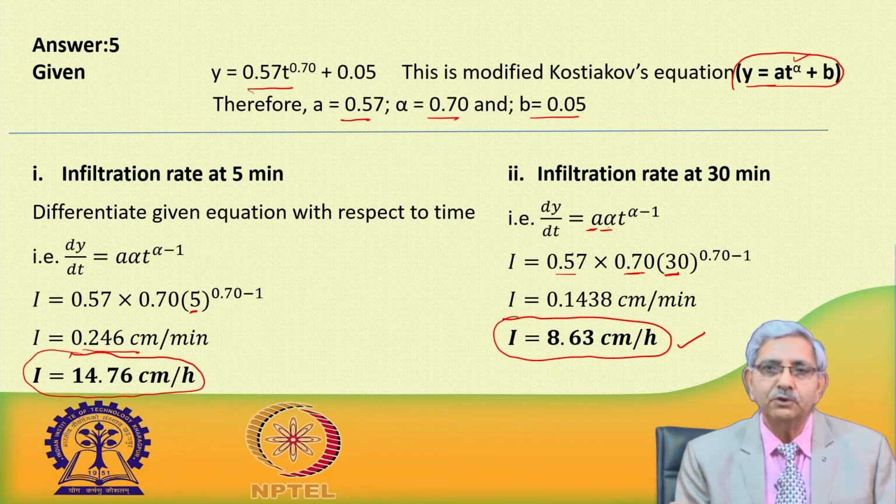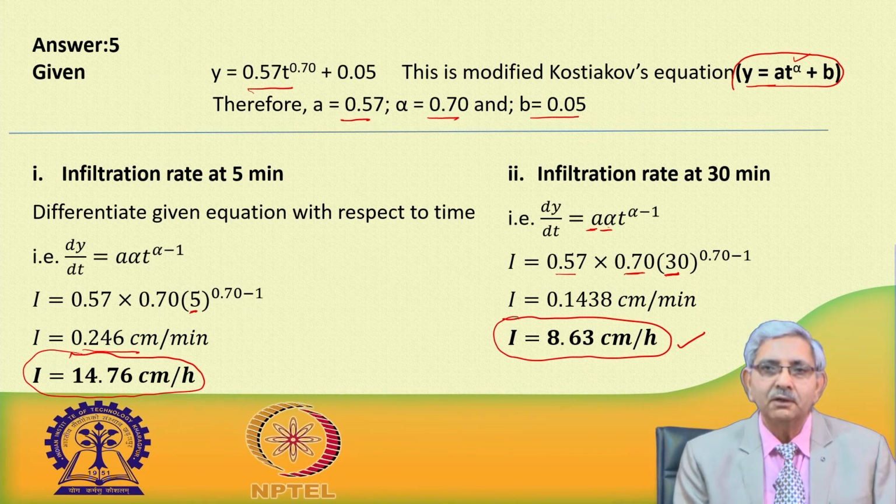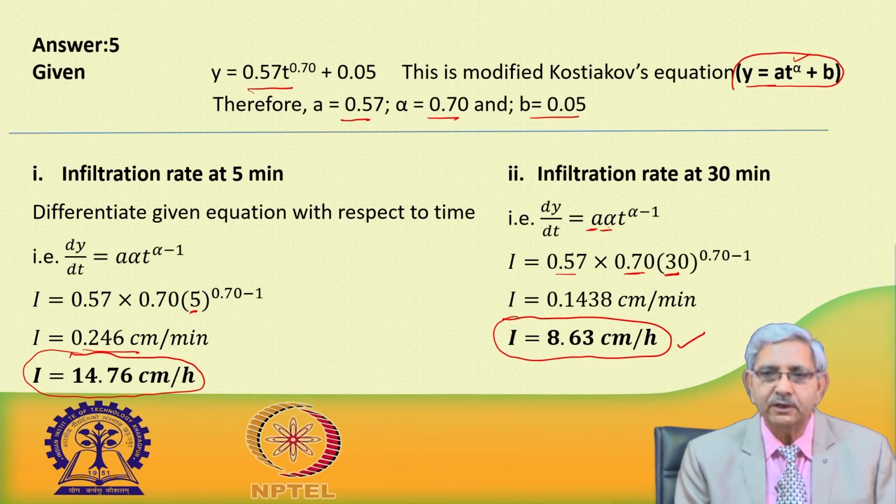After some time, the rate of infiltration becomes constant, and this is known as the basic rate of infiltration. Sometimes when we do not have the value of hydraulic conductivity, the basic infiltration rate is used as the value of the hydraulic conductivity of the soil.